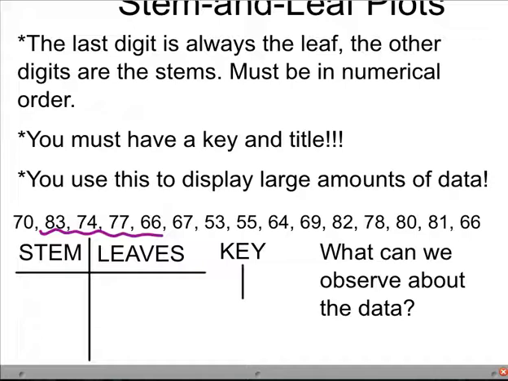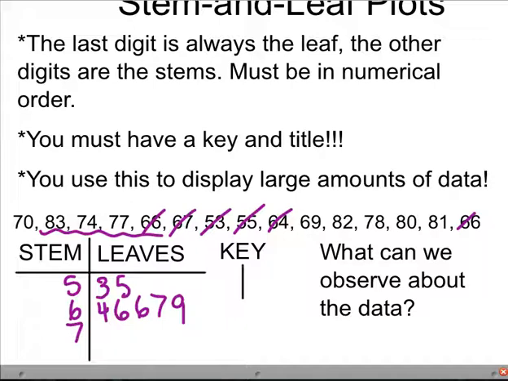So it looks like our lowest quantity is 53. So I start with my 50s, and I have a 3 and a 5, my 53 and 55. And then I look at my 60s. It looks like I have a 64, a 66, two of those actually, a 67, and a 69.